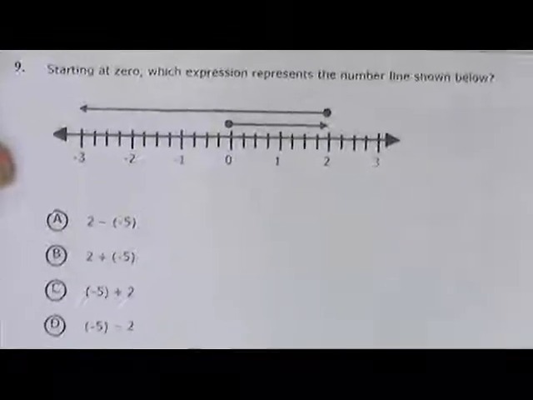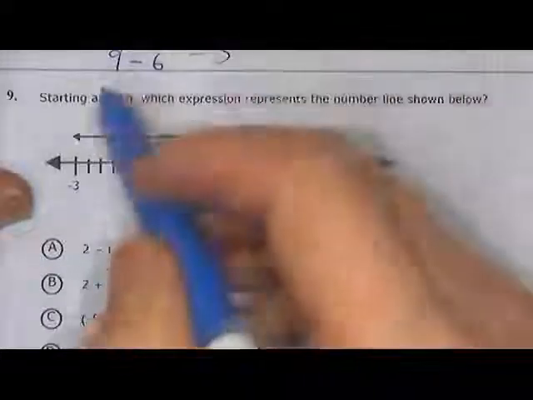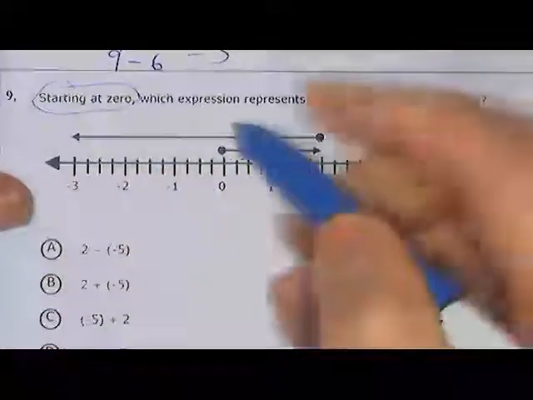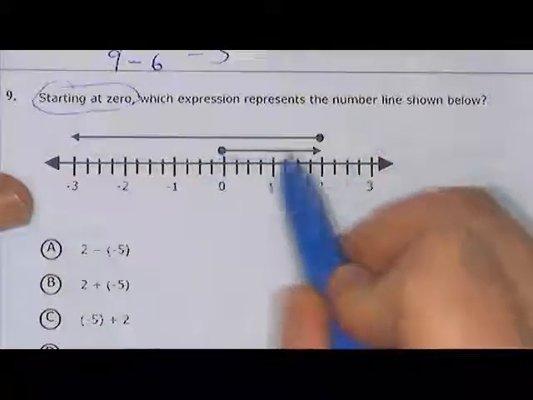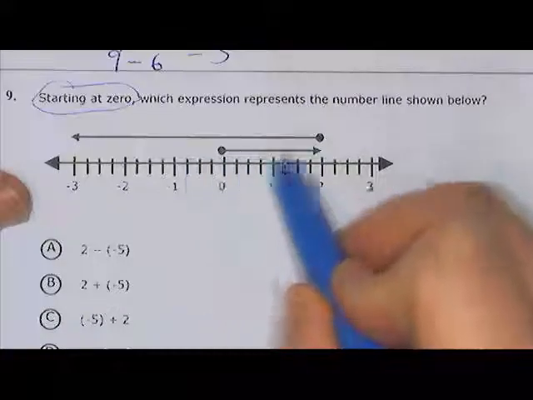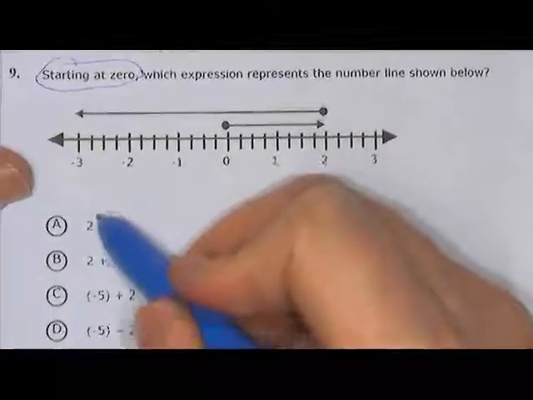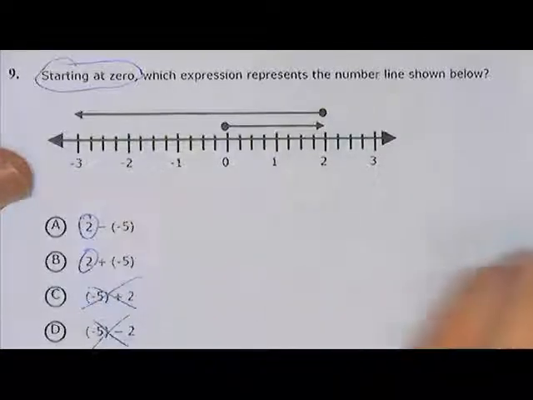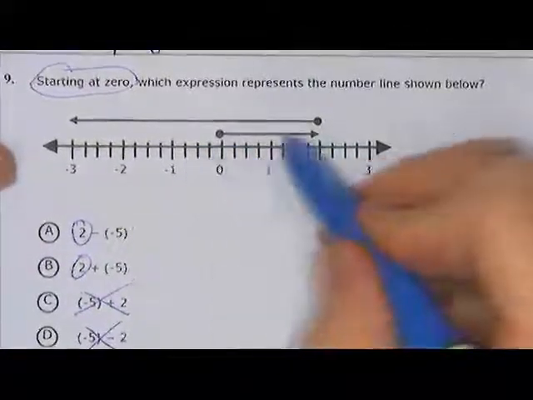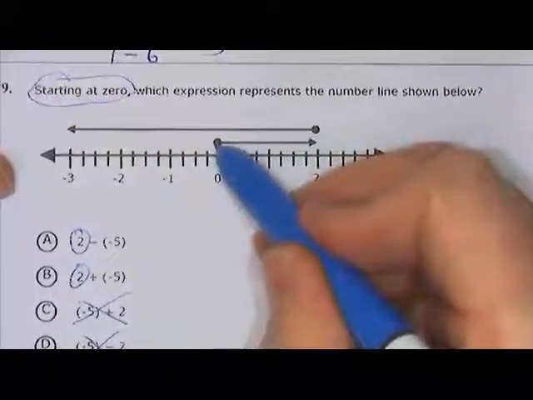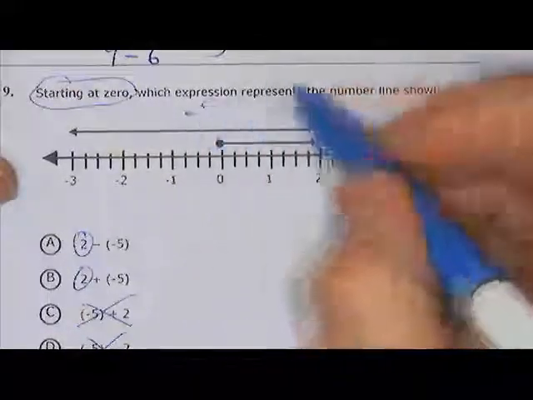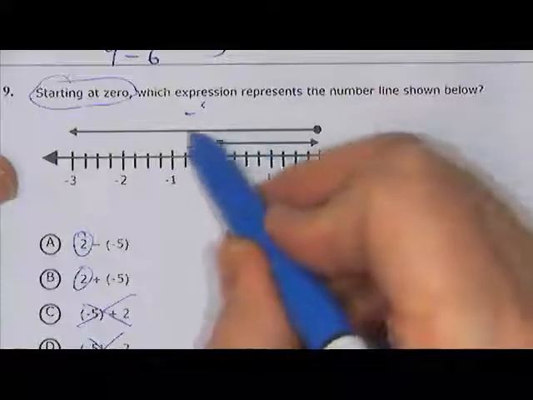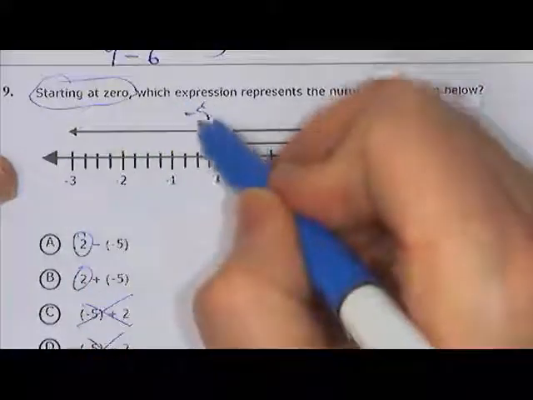Okay, one last example. Same type of problem. Again, starting at 0. I start at 0. This one's going 2. It has to start off with 2. That would be, this one works, and this one works, not these. After it goes 2, then it looks like it's going negative. How many spaces? 1, 2, 3, 4, 5. Then it goes -5.